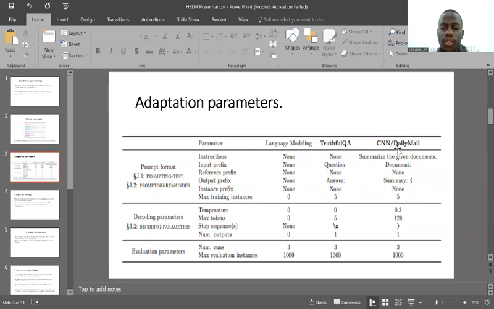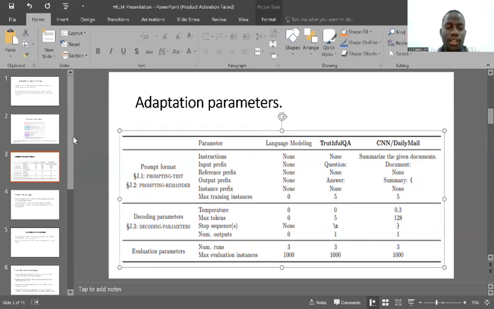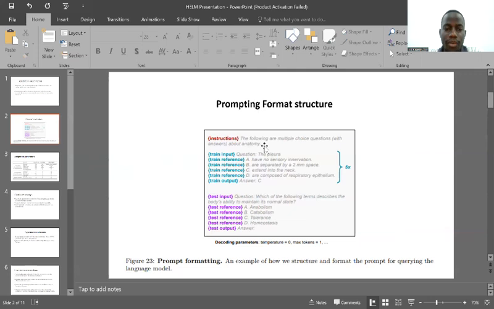For CNN/daily mail, its instruction is that it summarizes the given documents. Then we go to the input prefix, which is the same as the train input in the previous slide.